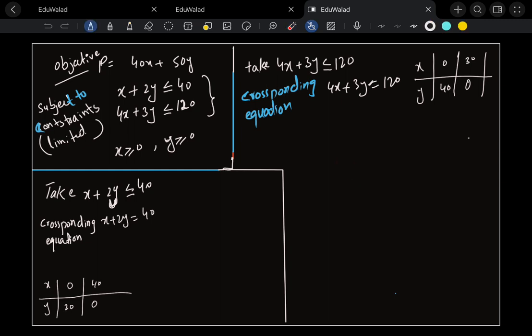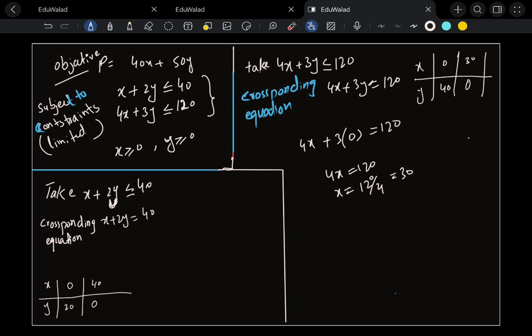Now put y equal to 0: 4x equals 120, so x becomes 120 upon 4, which equals 30.